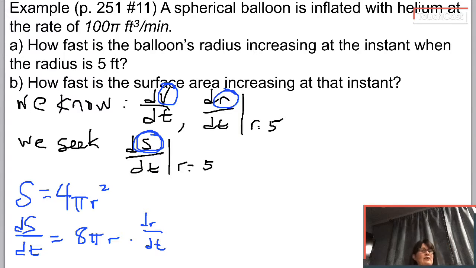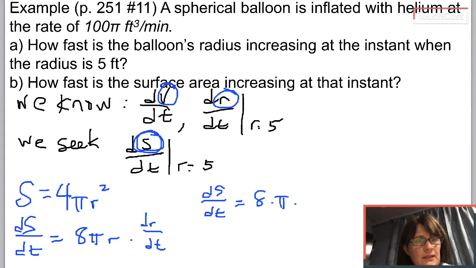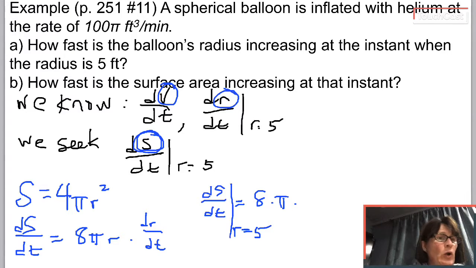So now that I have an equation that relates dS/dt with stuff I already know, I'm going to freeze the picture. I'm going to replace what I need to know. So dS/dt, at the exact moment when r equals 5, I had 8πr times dr/dt.